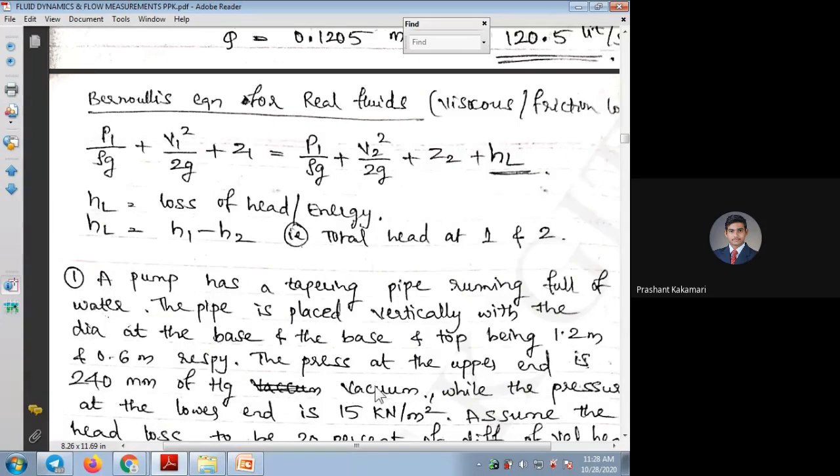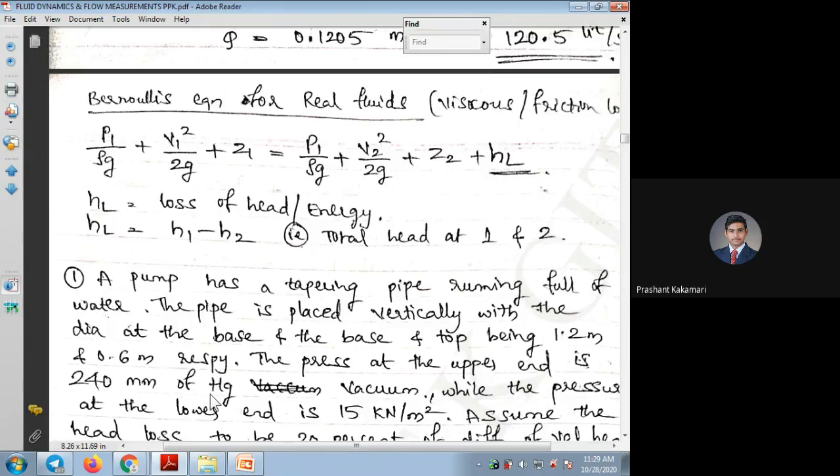The pressure at the upper end is 240 mm of Hg. Now see here, the pressure is not given as gauge pressure or absolute pressure. They are mentioning the pressure in mm of Hg, vacuum pressure. So you can recall the concept of vacuum pressure in mm of Hg. Later we need to convert this into absolute or gauge pressure.